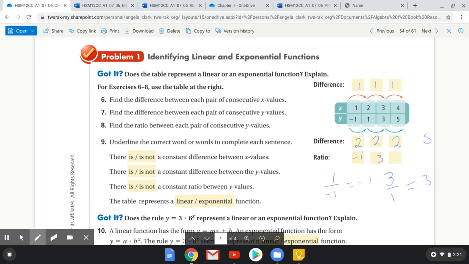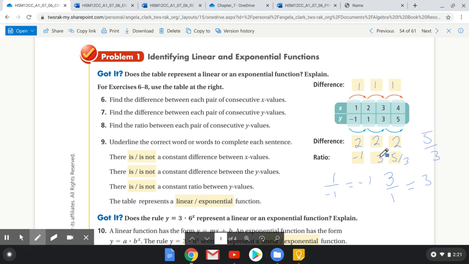So 5 divided by 3 is 5/3. It's not a nice number. That would be approximately 1.6. But I'm just going to write it as 5/3. So in other words, if I multiply 3 by 5/3, I'm going to get 5, right?